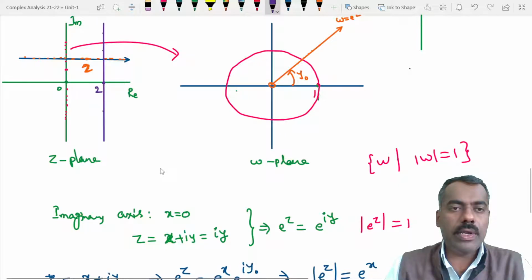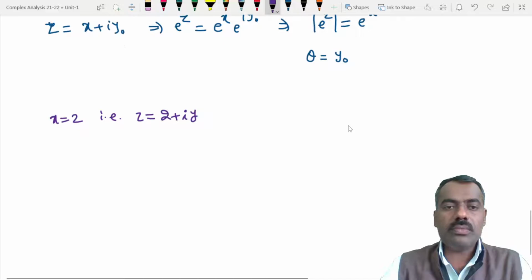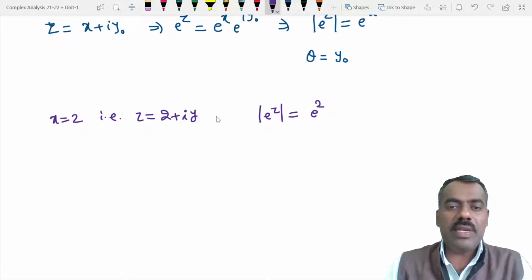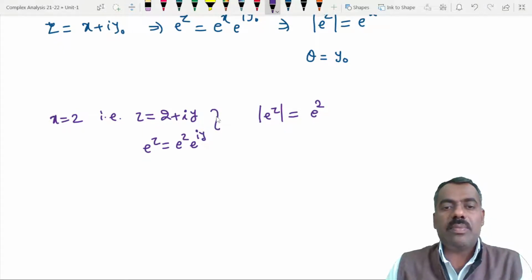If you take any point here, where it will be mapped to, you can check this. Modulus of e power z is nothing but e square, because this is simply e power z, which is e square into e power iy, right. So this implies mod e power z is equal to e square.